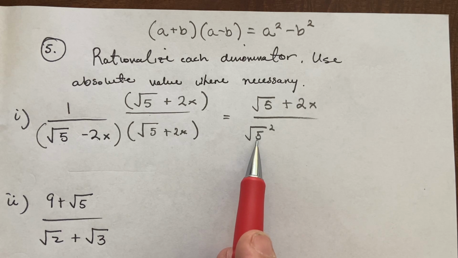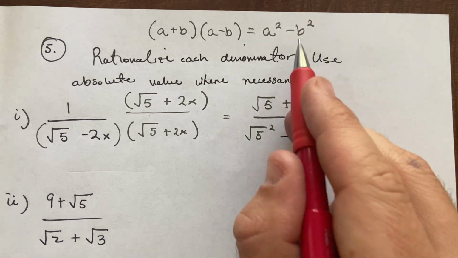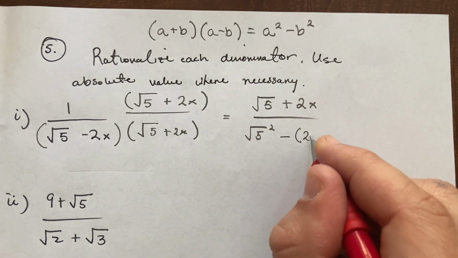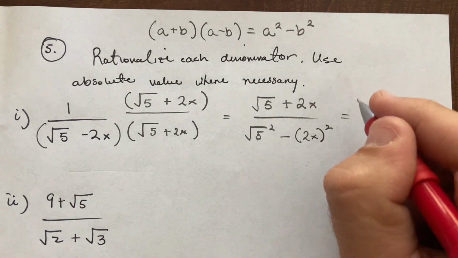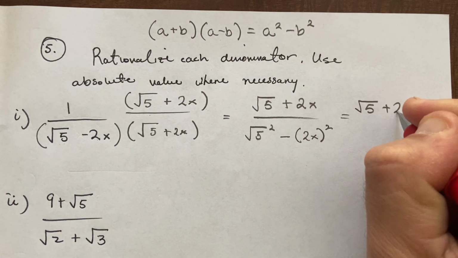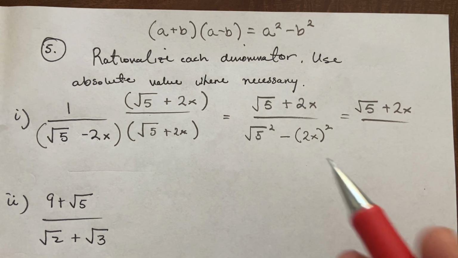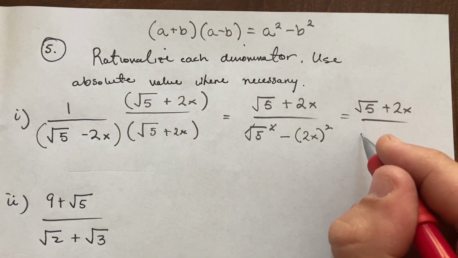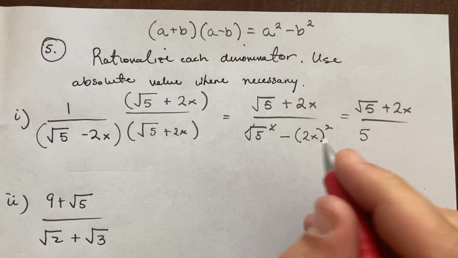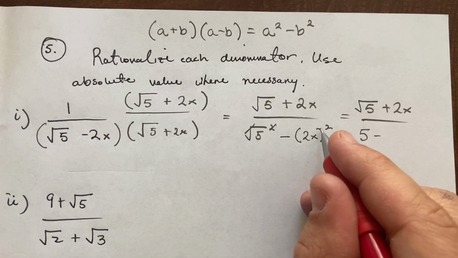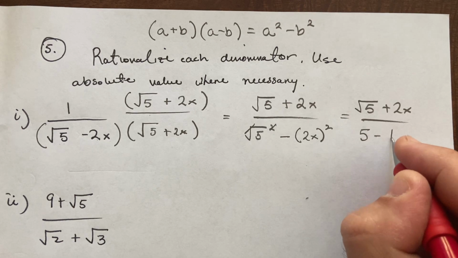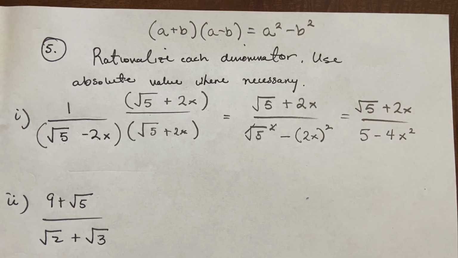So I'm squaring root 5. And then it says to take away b squared, so 2x all squared. So I have root 5 plus 2x over, so the root 5 squared cancels, so I get 5 minus everything needs to be squared, so I'll have 4x squared down there.